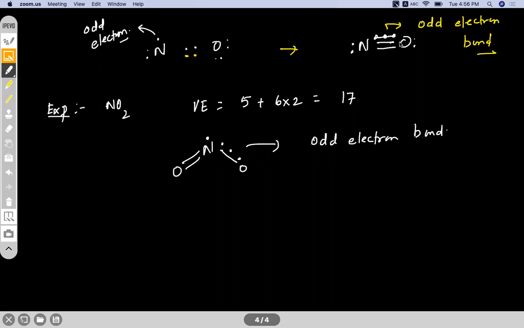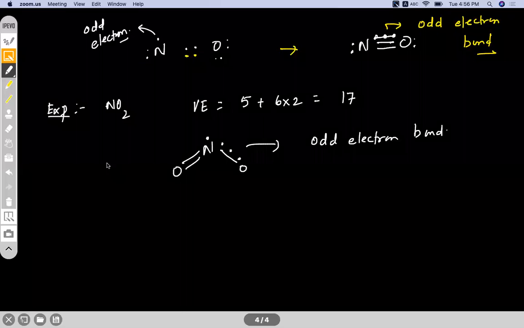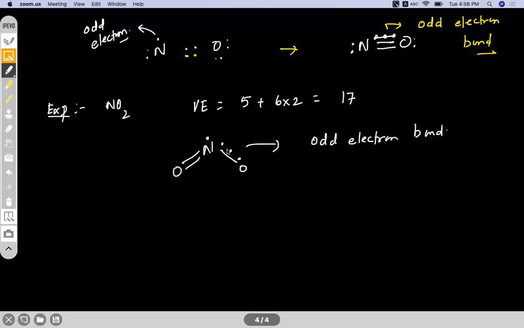NO has 15 electrons. So first we have sigma 2pz, then pi 2px, pi 2py, and then pi star 2px. It has one unpaired electron, and this is the odd electron bond we have.